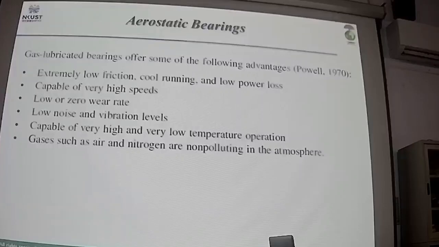So it's not only air; you can use different types of gases. But of course, for nitrogen, you need to have a recirculation system to collect it. That would also put extra cost on your system.